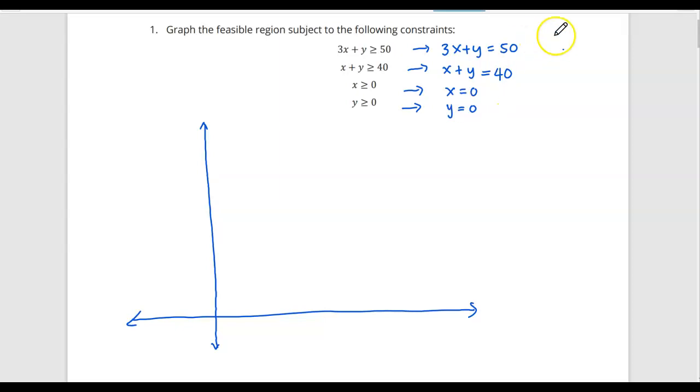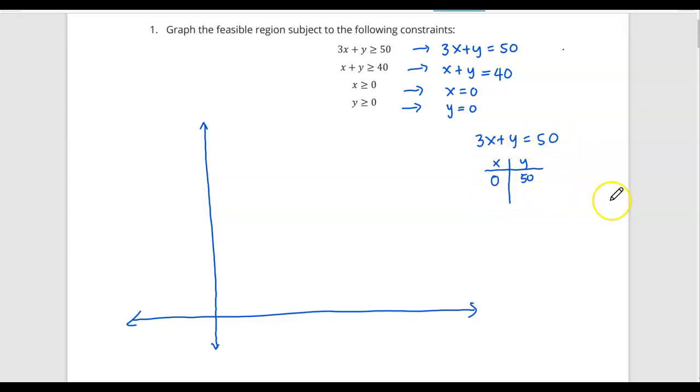To do that, we will first consider the line 3x plus y equals 50, and then you get representative points on the first quadrant. We first get the x-intercept or the y-intercept. So let's say x is 0. When x is 0, y is equal to 50.